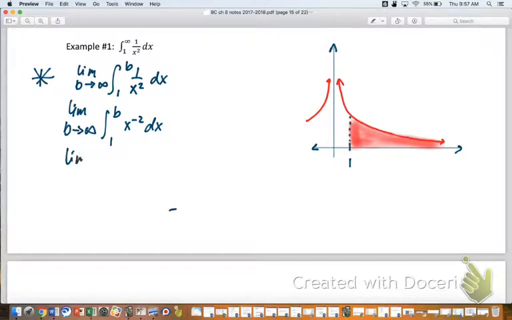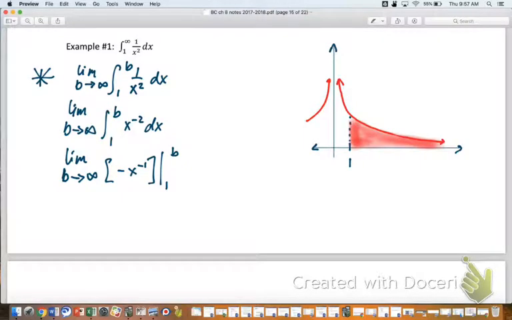So now it's going to be the limit as b heads towards infinity of negative x to the negative 1, evaluated from 1 to b. This is where different variables have very different meanings. The b's and the x's are not the same. And so you want the limit as b heads towards infinity of negative x to the negative 1, evaluated from 1 to b. Right? Let's not get those mixed up.